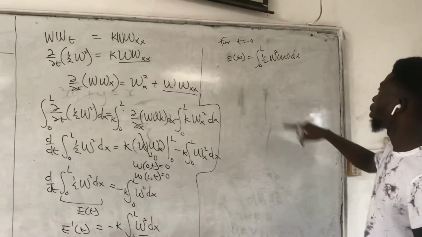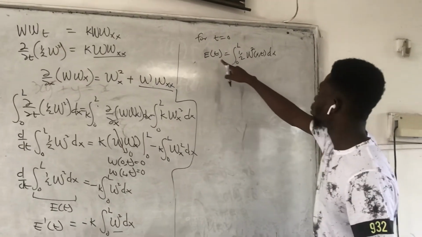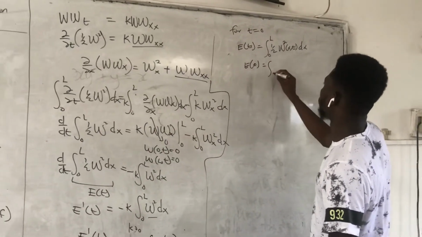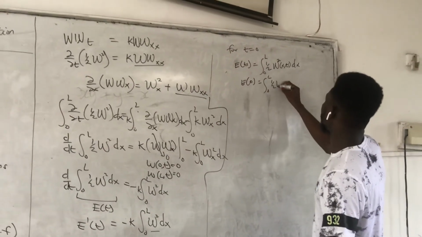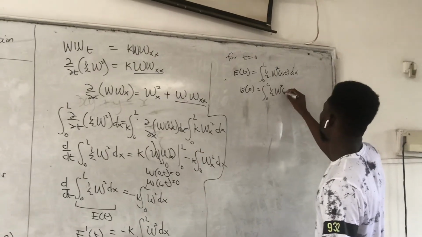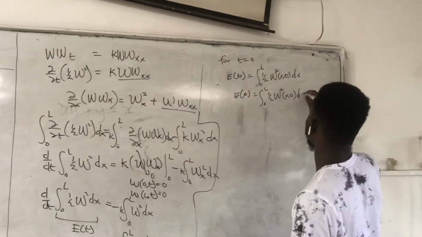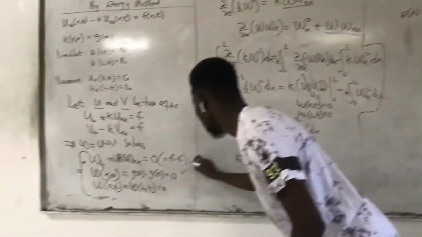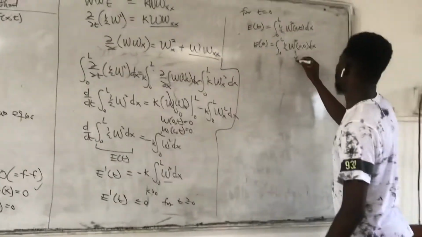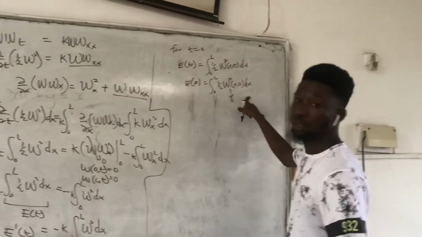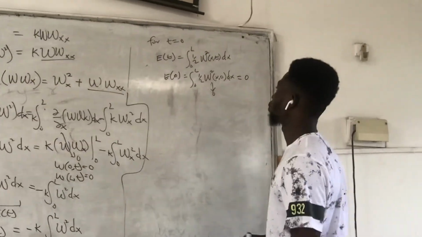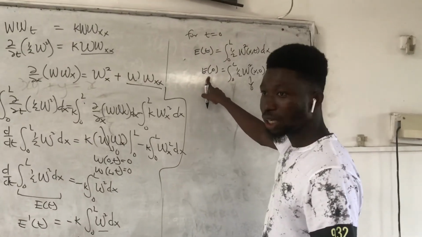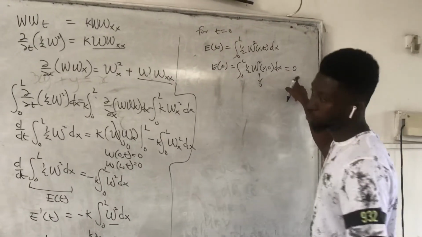Now, having the expression this way and evaluating this at t equal to 0 gives us this expression here, w squared of x, 0, dx. Remember, however, that our initial condition we had is also equal to 0. So this whole expression here is 0. Finding the integral of a 0 value is automatically 0. So we also have that the energy at the initial time is also equal to 0.